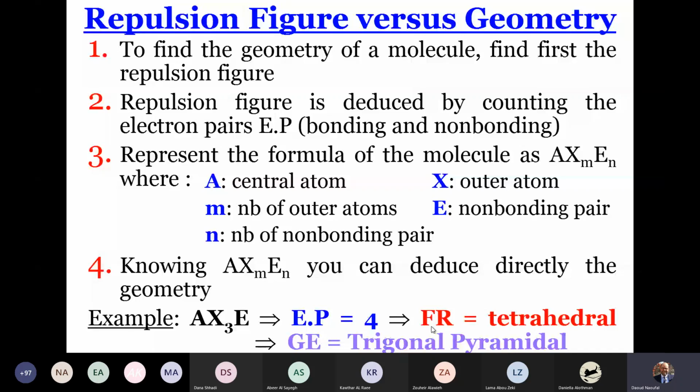One lobe is A with X, the second A X, the third lobe A X, and the fourth lobe is a balloon containing the non-bonding pair E. This is the figure of repulsion, which is tetrahedral. Now we have to pass to the geometry. For the geometry, we have to abstract E, we have to erase the lobe of E, so we obtain a geometry which is trigonal pyramidal.